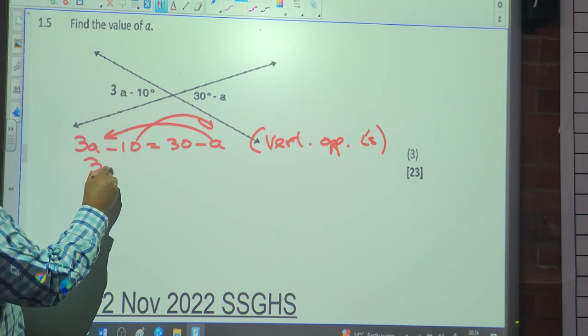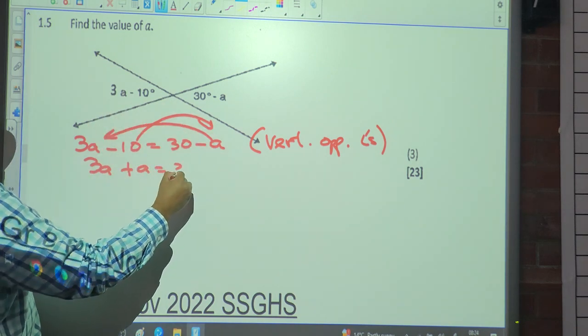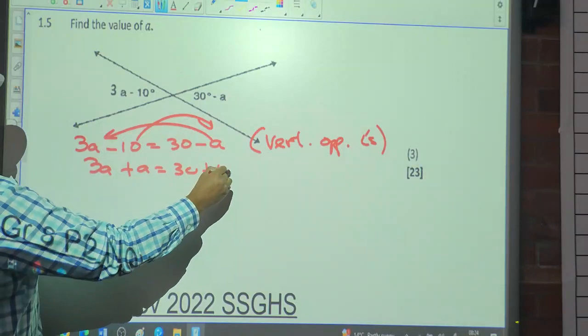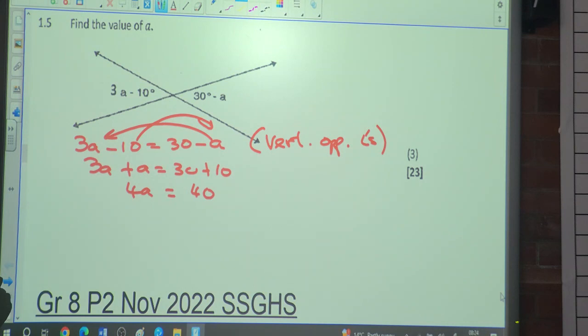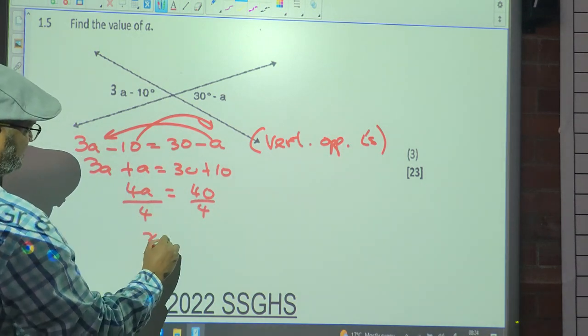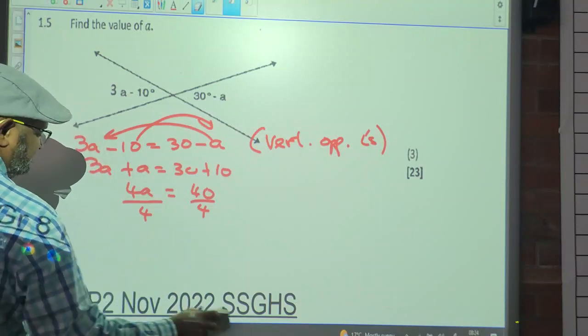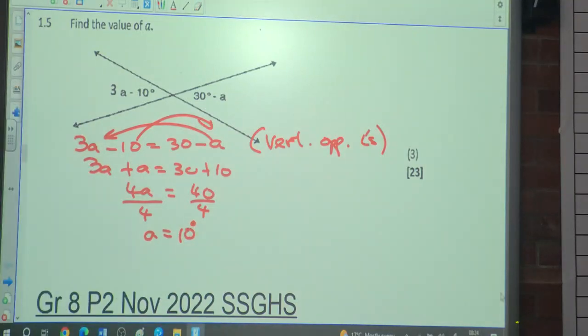So you've got 3a, you bring minus a over and it becomes plus a, is equal to 30 plus 10, which is 40. So 4a equals 40. To get a on its own, divide by 4 on both sides. So a is equal to 10.